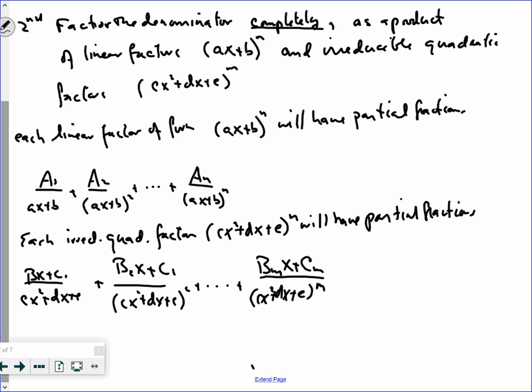Now, the reason you write these is you may not know it, but every one of these fractional types of things are things you can integrate. So let me do a real simple one, and that is 1 over x squared minus 1 in the denominator.